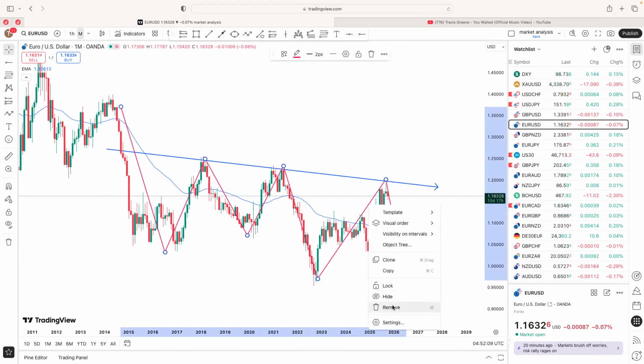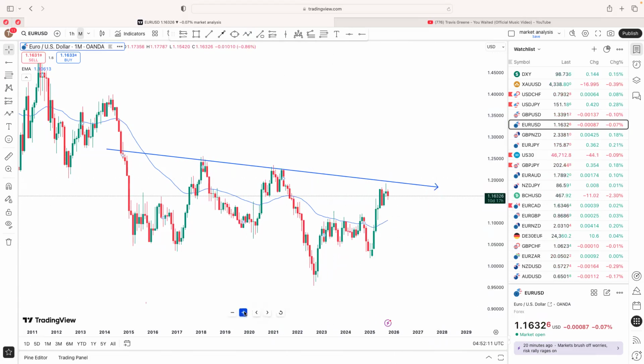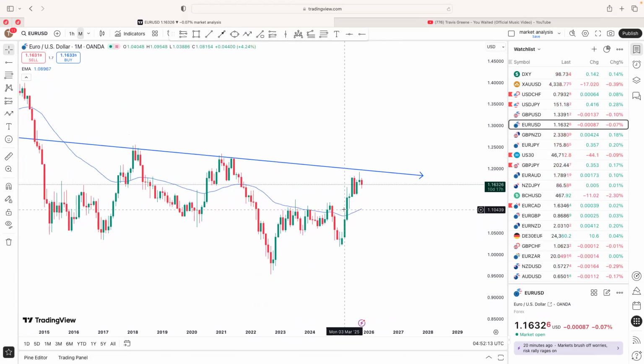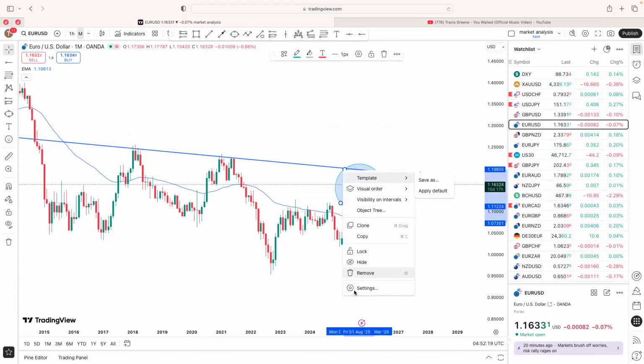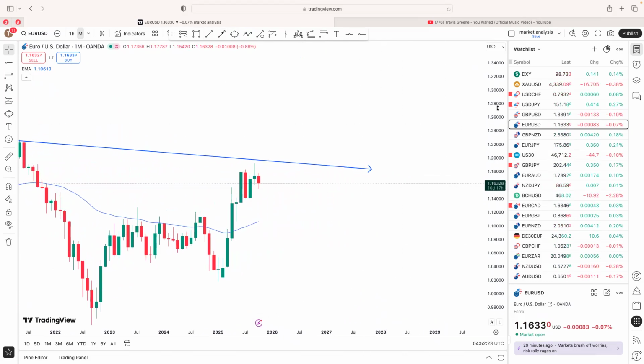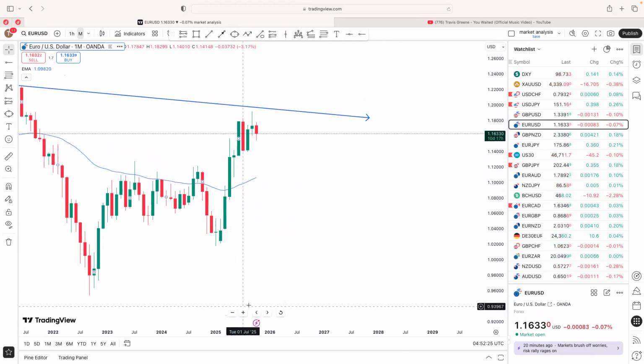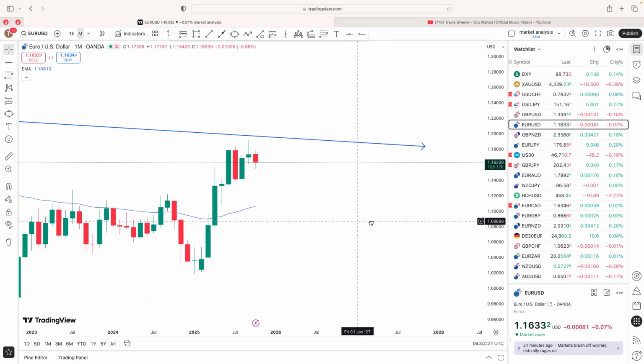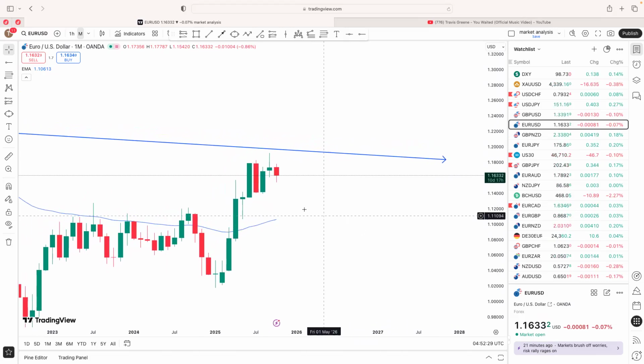But before we anticipate that push, what are the factors of confluence that are taking place at this particular area in terms of monthly? First of all, if we zoom in, you will realize that we've had a tweezer top right here, right?